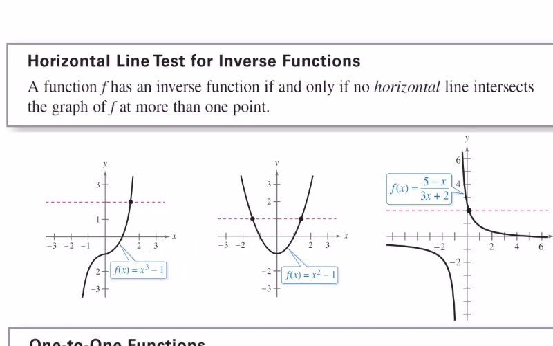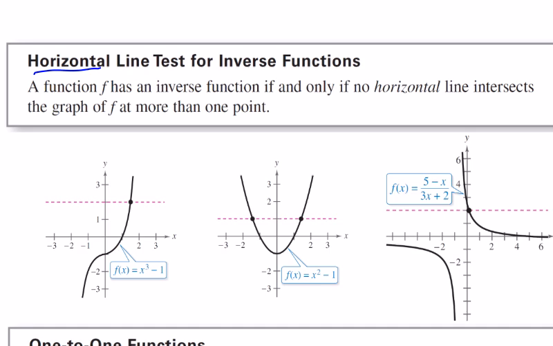All right, so graphically, for a function to have an inverse, it must pass the horizontal line test. Remember that all functions pass the vertical line test, right? If you take a vertical line and scan it across a graph, it can only cross at one point. It can't cross at more than one point, or else it's not a function.